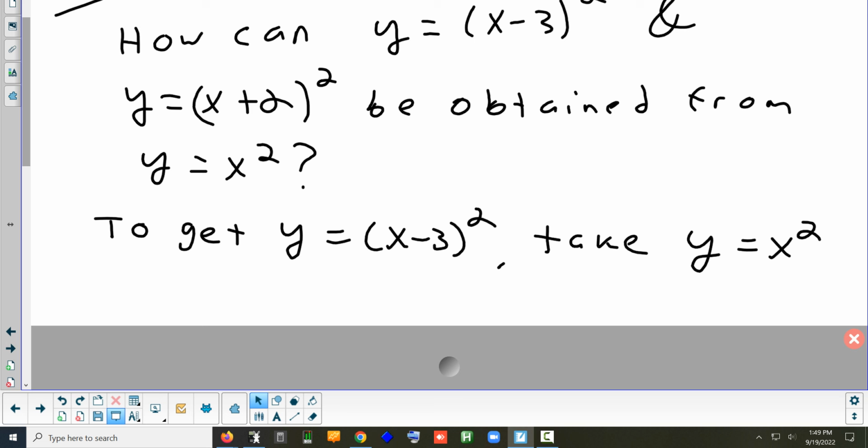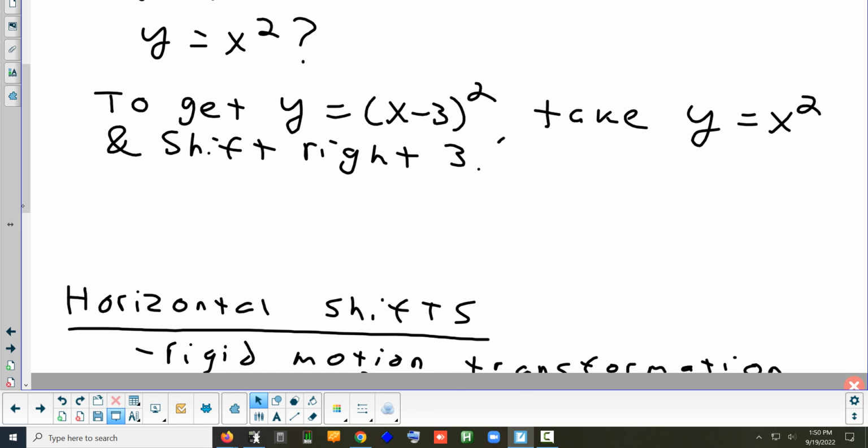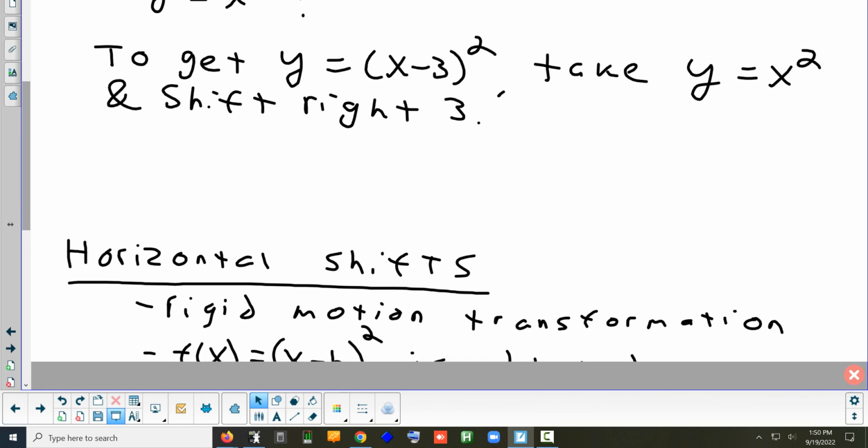That's what the -3 will do. It's going to go right 3. So this is another example of a shift. It doesn't stretch the graph at all. So this is a horizontal shift.